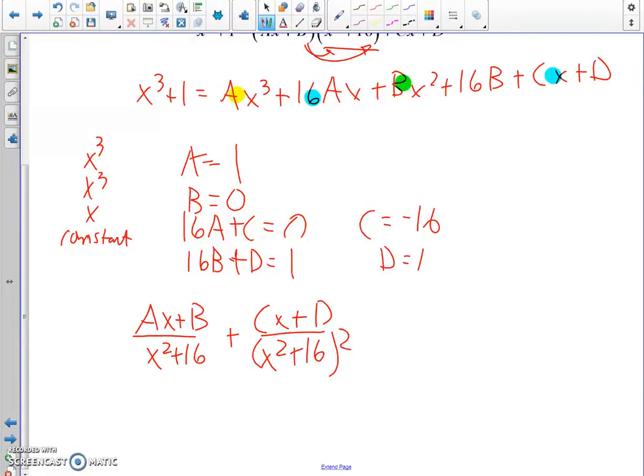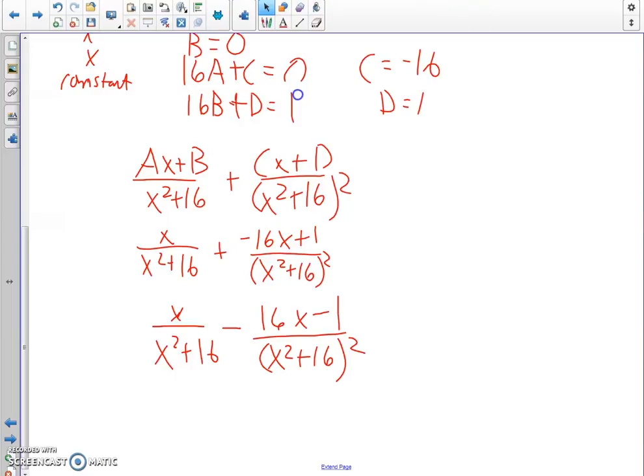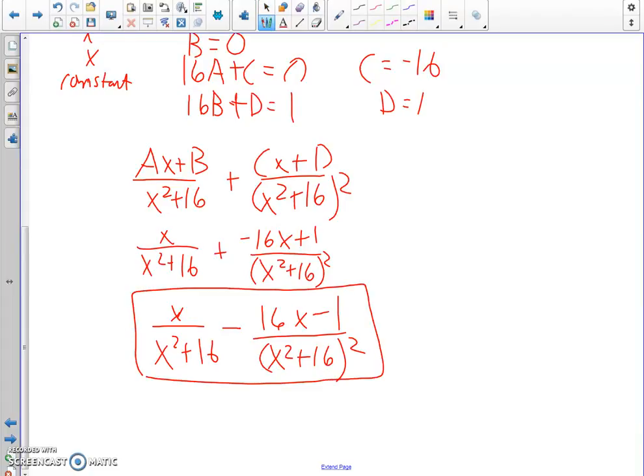Now substituting, a is 1, b is 0, c is negative 16, d is 1. And one more time, we're going to change this negative here to subtraction, making sure that this would distribute to the addition here. Okay, that's the solution, the partial fraction decomposition for the rational expression that you were given.